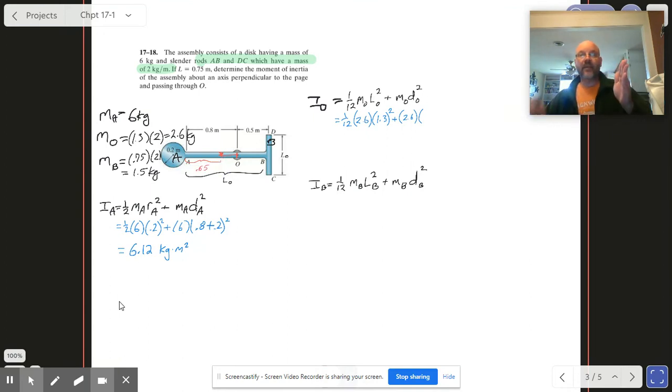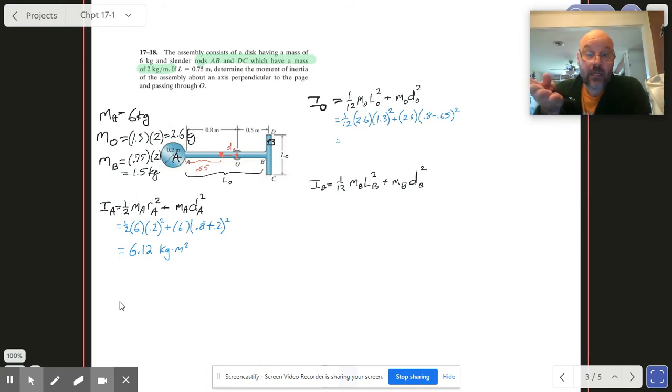So I'd go 0.8 plus 0.5, all that divided by 2, 0.65. And so this right here, that's my offset distance, or the orbital distance. So I could put that in here as 0.8 minus 0.65 squared.